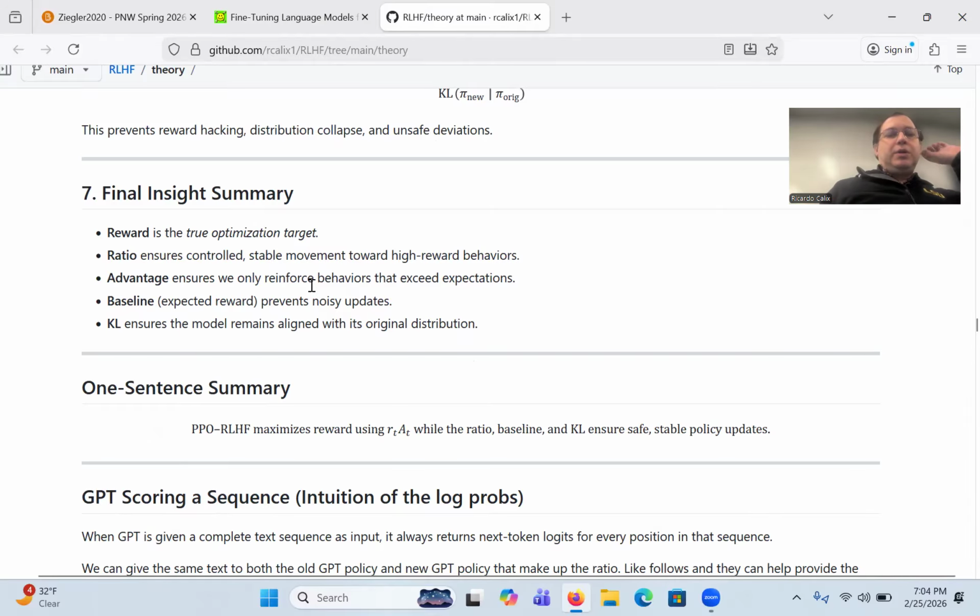Advantage ensures we only reinforce behaviors that exceed expectations, the expected versus the actual. Baseline, expected reward, prevents noisy updates, things like that. We can think of this as the averages. And then KL ensures the model remains aligned with its original distribution. GPT new compared to GPT original.